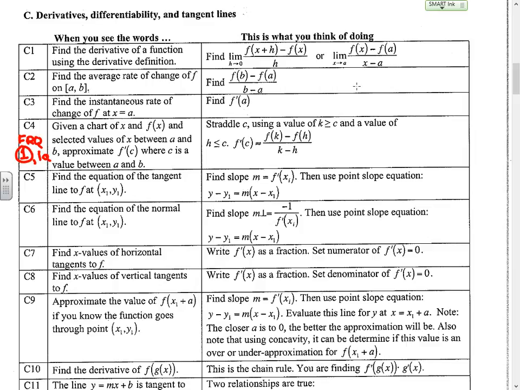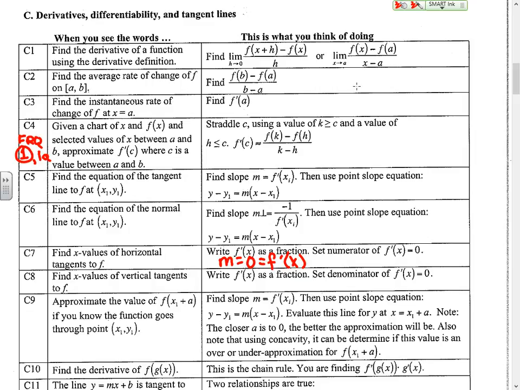Okay, anything else? Jonathan, you have a question? Or a comment? I'm just confused on C7 and C8. Okay. Horizontal tangents. If it's horizontal tangent, that means it's flat. If it's flat, that means the slope is, so m is 0, which means the derivative at a point is 0. So find when the derivative is 0, because that's when the slope is 0. Horizontal line, m is always 0.